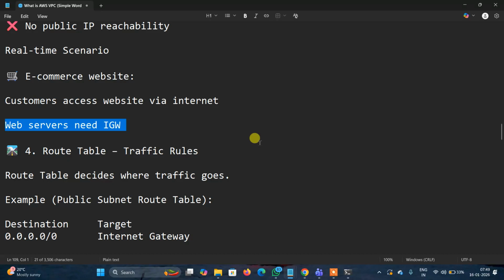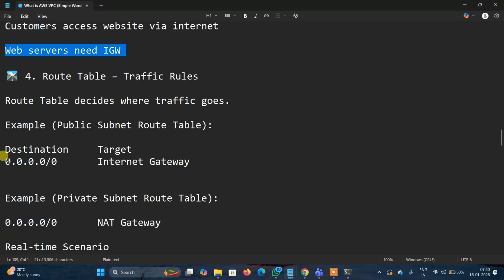It defines certain routes, through certain IP addresses, by which you reach the destination. This set of IP addresses is nothing but a route table. The route table tells you how to reach from source to destination. Understand? The route table decides where the traffic goes.